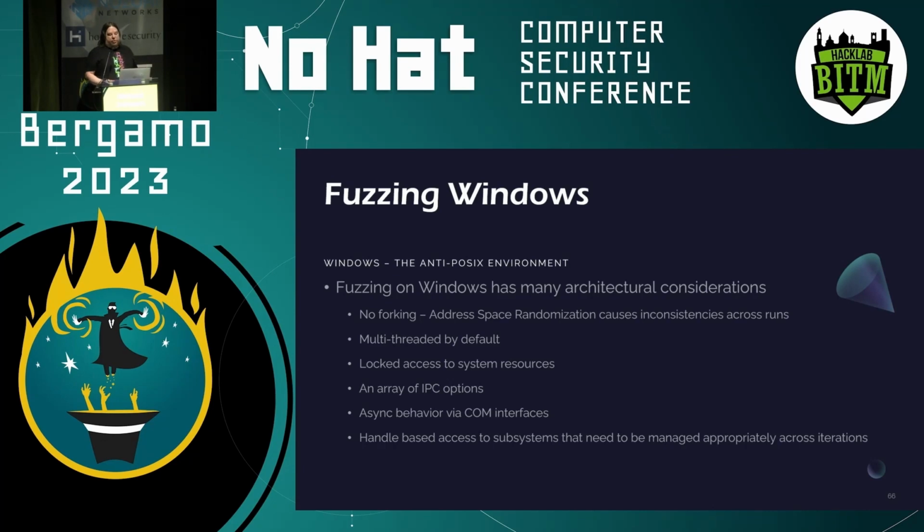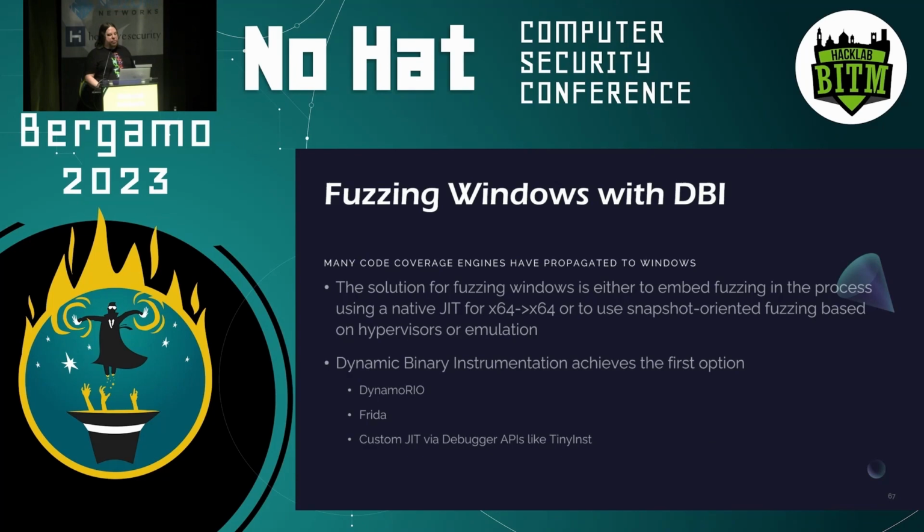So how do we fuzz Windows? Well, the first kind of solution is we can use something called DBI, or Dynamic Binary Instrumentation. What these look like is basically a layer of a JIT where you're jitting from native code to native code, but you want to intercept every instruction the first time you execute it so you can modify it if you need to.